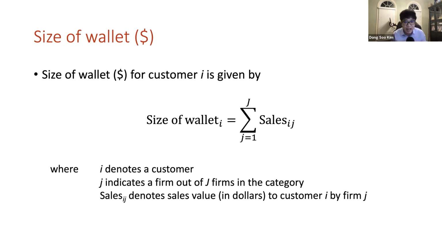This customer's size of wallet is given by the sum of sales to this customer by all firms in the market. Let j denote a firm in the market and capital J be the total number of firms in the market. Then the size of wallet is given by this equation.